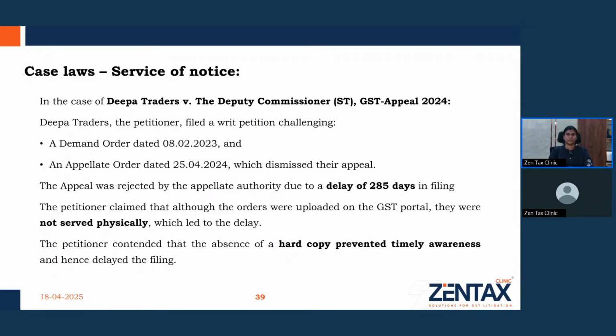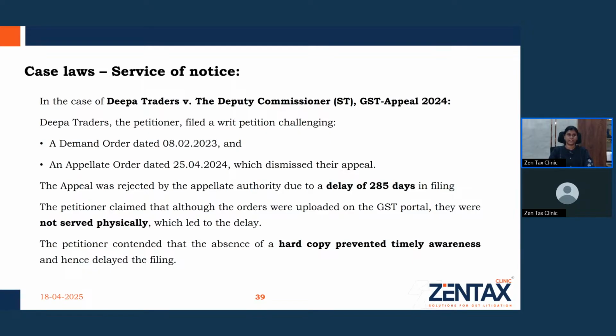We will see another case. This is one very recent case, in the case of Deepa Traders versus the Deputy Commissioner State Tax 2024. Here Deepa Traders has filed a writ petition because the appeal was rejected by the appellate authority due to a delay of 285 days in filing. The petitioner has claimed that although the orders were uploaded on the GST portal, they were not served physically, which led to the delay.